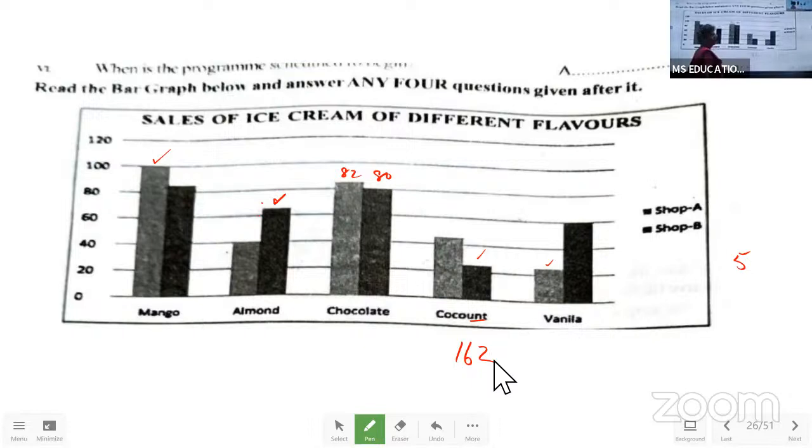You can just write 162 or you can write 82 plus 80 is equal to 162. But don't write only 82 plus 80. This is the actual number that you should write. Next.